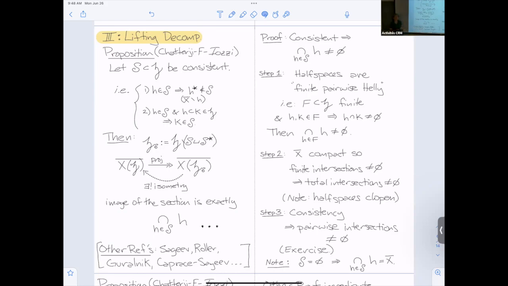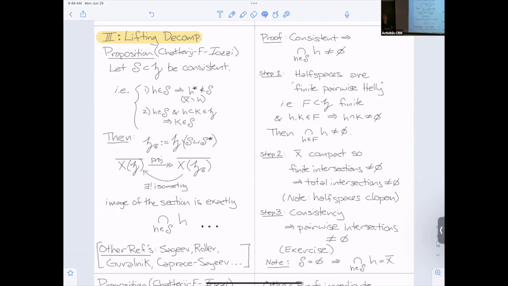So I would say the real contribution that we're doing here is uniformizing a lot of different examples that were already around and looking at the compactification where you don't have to make additional assumptions on the S, such as the descending chain condition.